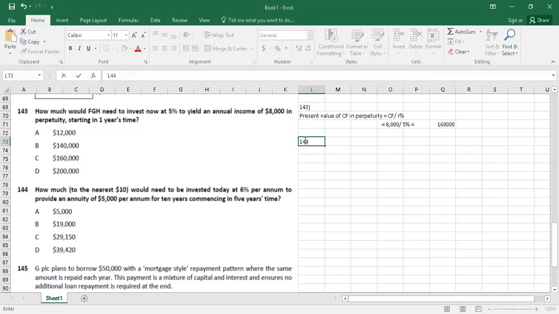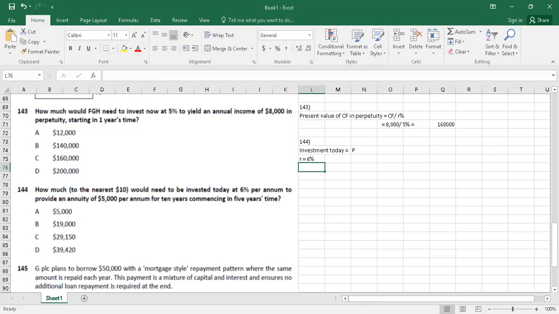$144. Investment today is P. Then R is equal to, after that we want the cash flow from 5 to 10 years.